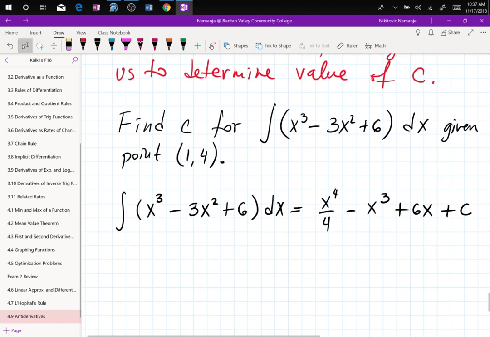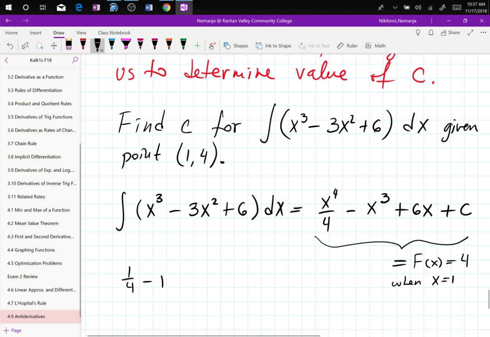And now all of this is equal to y, right? Equal to F of x. I use capital F of x for antiderivatives. And I know that's all equal to 4 when x equals 1. So I have my equation. Let me write everything out.